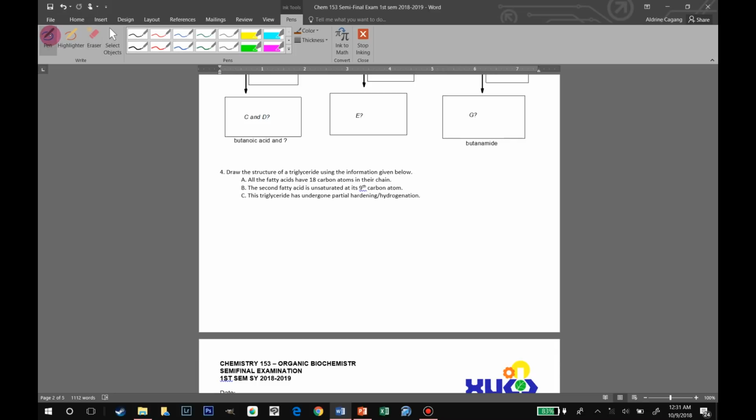So for a triglyceride, automatically you should draw the glycerol backbone. So CH2, CH2, CH2. You have the ester bond, so C double bond O, C double bond O, C double bond O. This would be the typical backbone of your triglyceride.